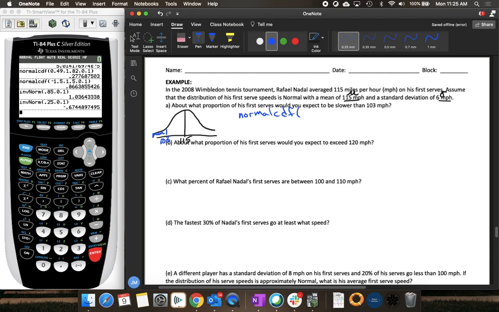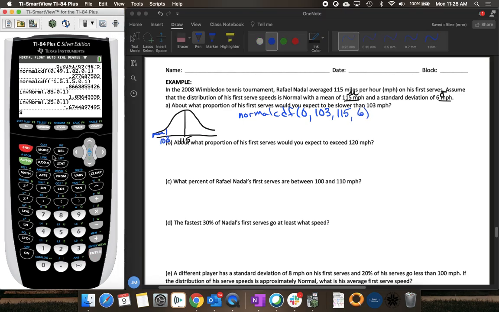For our lower, we need to pick something much, much lower than 103. I'm just going to use 0, which should be plenty low enough. And then 103 as the upper bound. Now again, because the mean and standard deviation are not 0 and 1, we will have to include those this time. So the mean is 115 and the standard deviation is 6. When I go into that menu for normal CDF, for the lower we'll use 0, upper we'll use 103, and then for mean we will need to change that to 115 instead of 0.